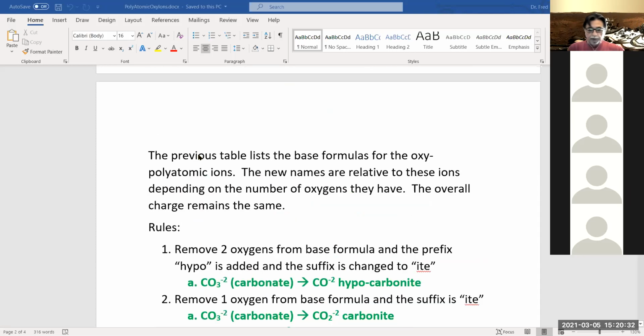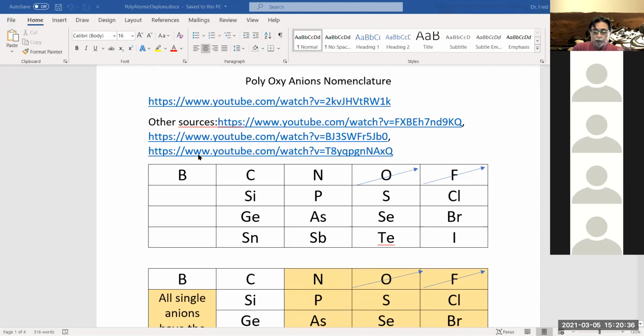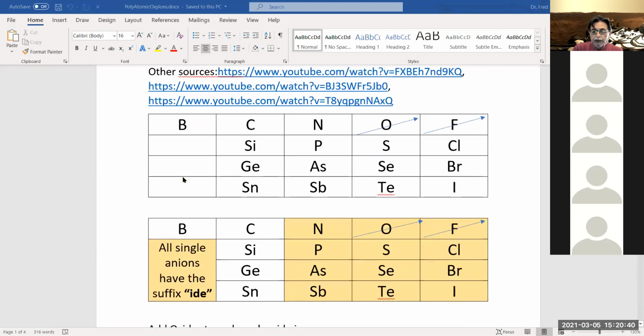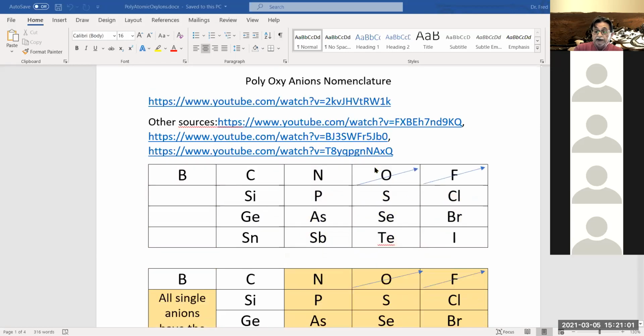And so let me rehash real quickly. This is only for what we call polyoxy anions, okay? And we only start off with these elements listed here: the boron, carbon, nitrogen, silicon, and stannous, and so forth. Those are the only ones that we're aware of that create polyoxy anions.